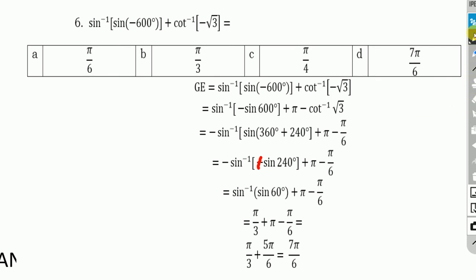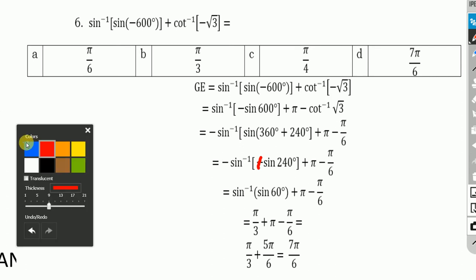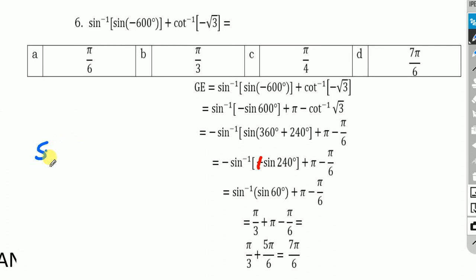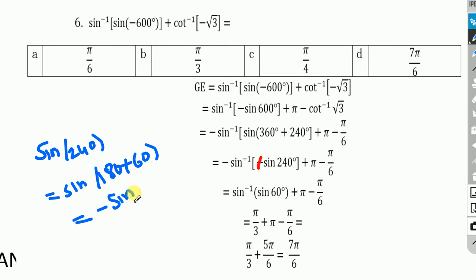Let me write down this formula: sine of 240 is nothing but sine of 180 plus 60, which is equal to minus sine 60, because it is third quadrant. In third quadrant sine is negative.